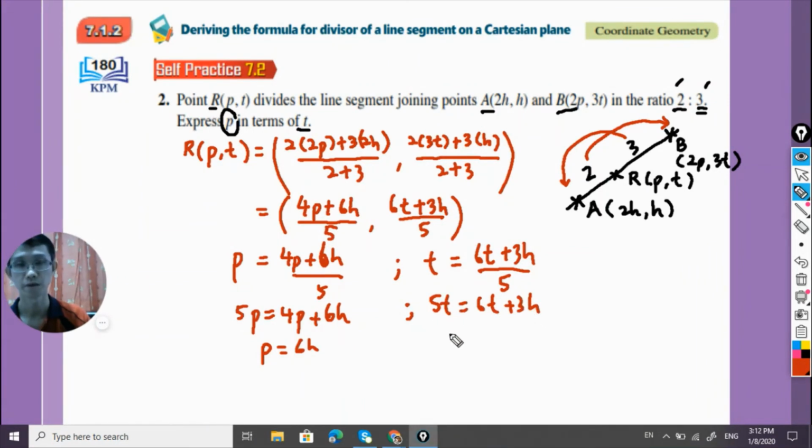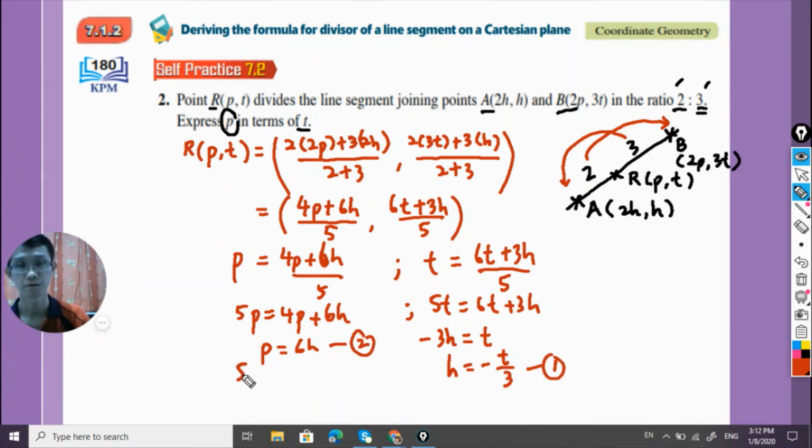Finally, you bring over, so you will get negative 3h equal to t. Finally, we put h as the subject so that we can substitute. We get h equal to negative t over 3. So this one will be your equation 1, and this one will be your equation 2.